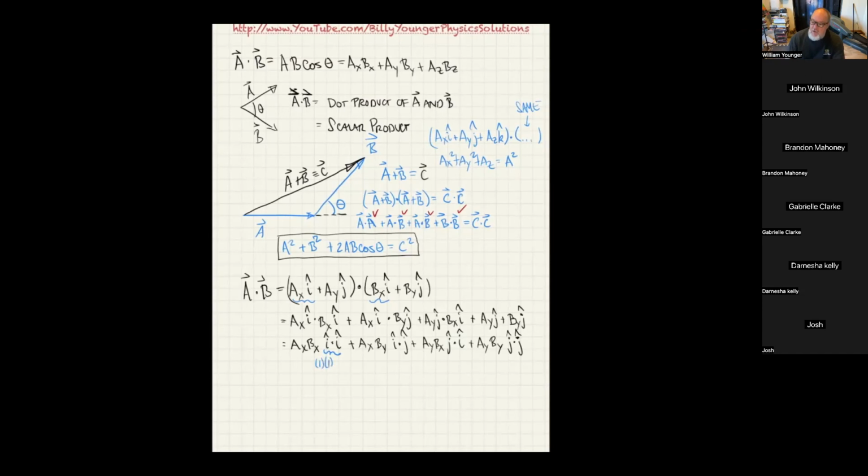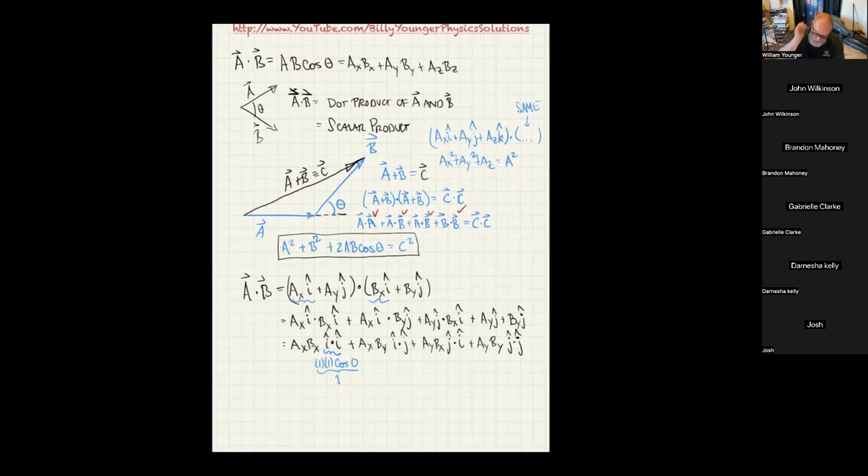And then what's the angle between i hat and i hat? Zero. So you take the cosine of 0 degrees. Of course, the cosine of 0 is 1. So we just get 1 there.